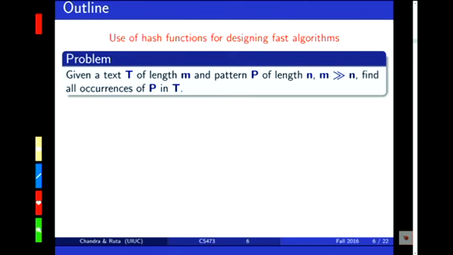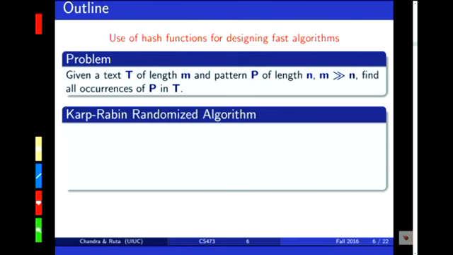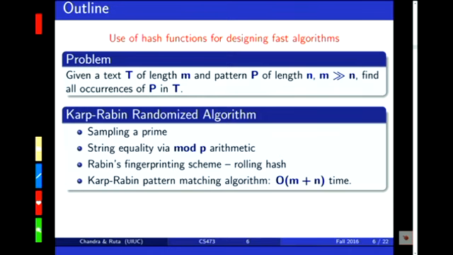So for this we will discuss the Karp-Rabin randomized algorithm, and for that I will need these things. First we will discuss how we sample a prime uniformly at random, which is at most some number, say x. Second, we will have to do string equality, and we will do it via mod p arithmetic, while reducing the error, with minimum error.